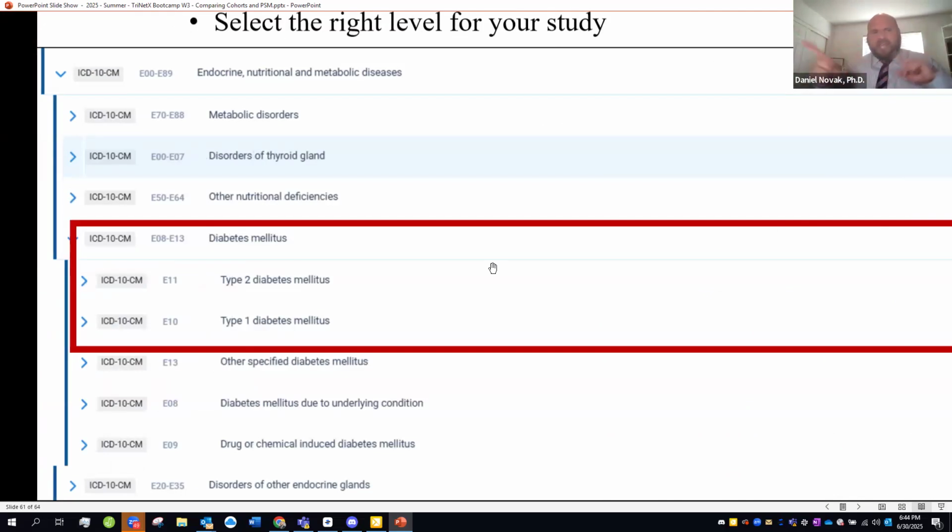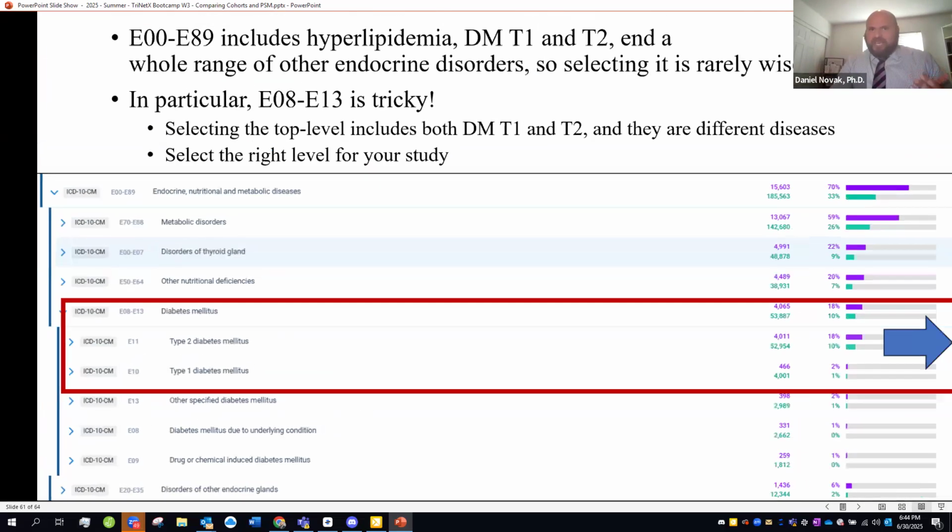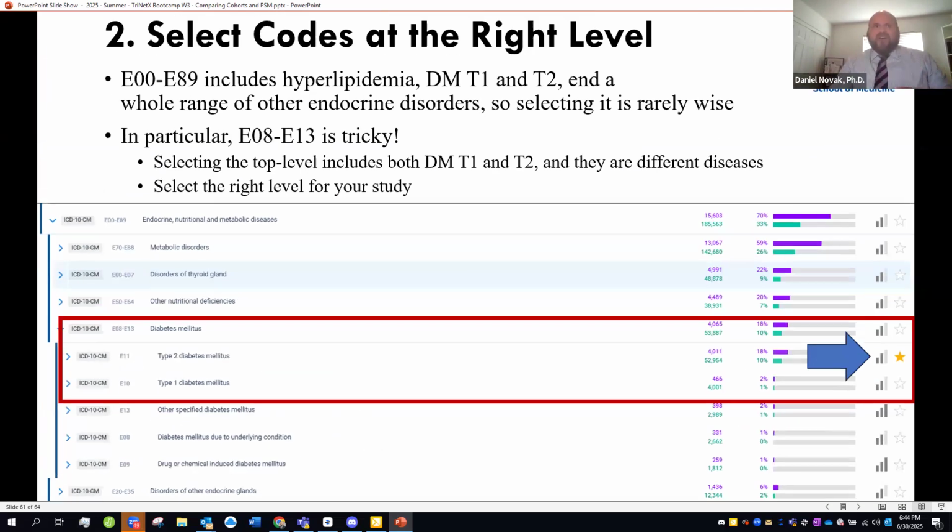It's going to pick them and weight them just the same in your final group, which might be okay, but bearing in mind, type 1 and type 2 diabetes are very, very, very different diseases, right? With different etiologies and different impacts. So if you really do want to exclude type 1 diabetics, then you should select that and select your type 2 diabetics.